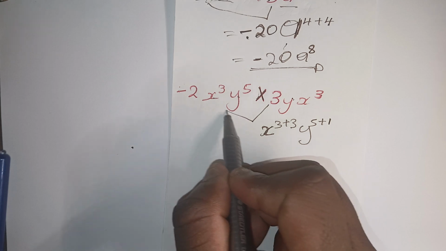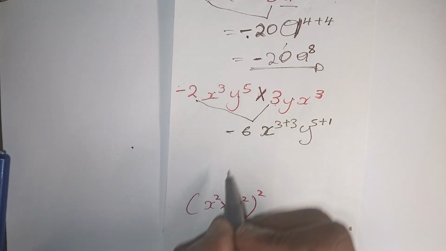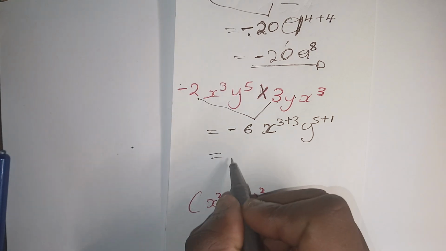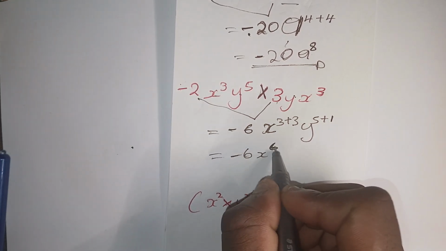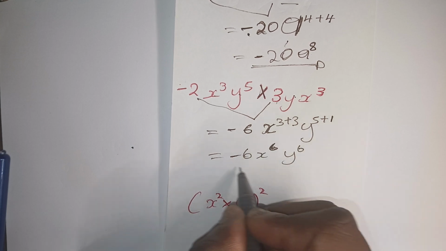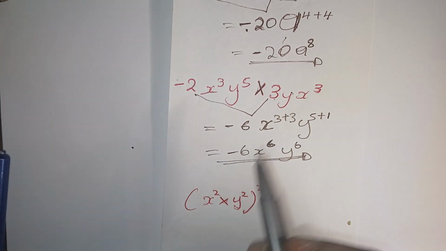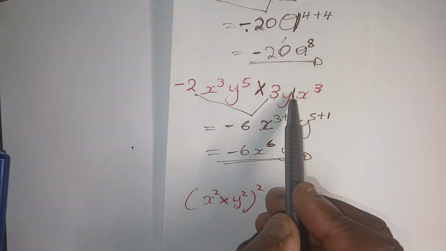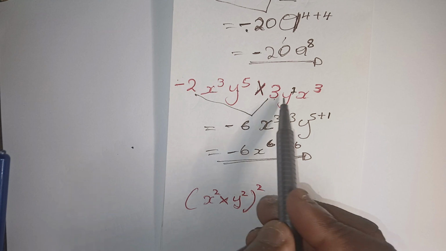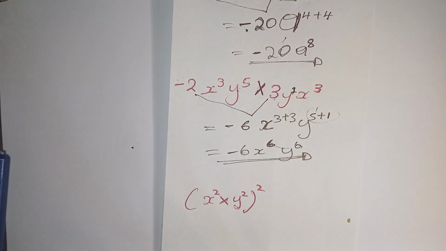And now when we multiply the numbers in front of the base, it's negative 6. Meaning the final answer is negative 6 x to the exponent 6 y to the exponent 6. This one is the final answer. Take note, guys, here we got an invisible 1 that will be added here.